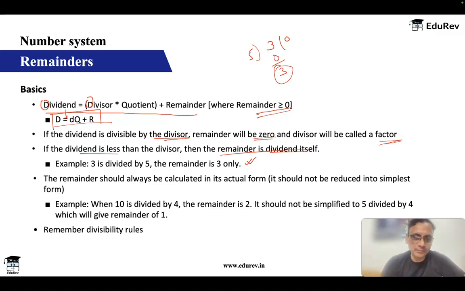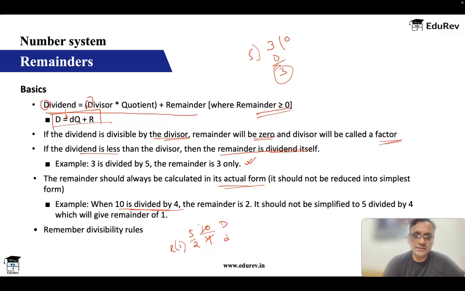Then second important part is the remainder should always be calculated in its actual form. For example, if 10 is divided by 4, so a lot of times we are in the habit of writing it as a fraction, 10 by 4, where 10 is the dividend and 4 is the divisor. But a lot of times what mistake we make, 10 by 4, we reduce it to 5 by 2. Okay, and we say the remainder is 1, which is wrong.